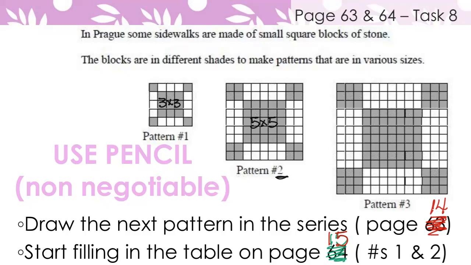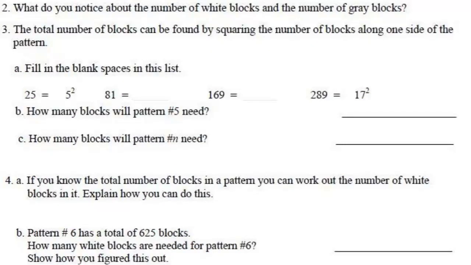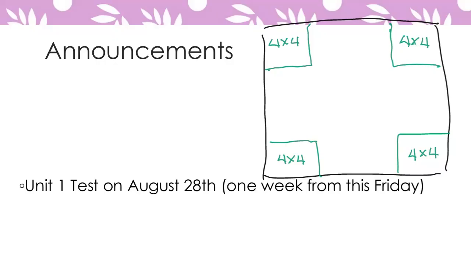Pattern 1 goes to 3. Pattern 3, 1, 2, 3, 4, 5, 6, 7. So is it a 10 by 10? 9 by 9. Okay. So here, this would be supposed to be a 9 by 9.